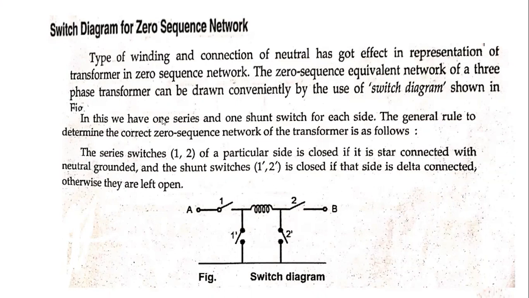In this we have one series and one shunt switch on each side. What is the general rule for determining the correct zero sequence network of a transformer?